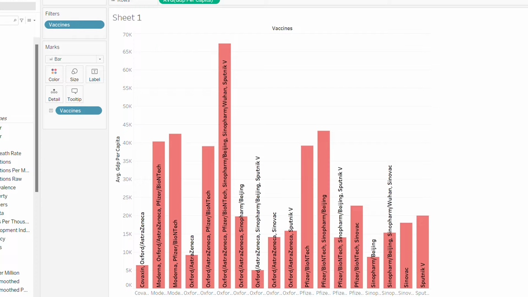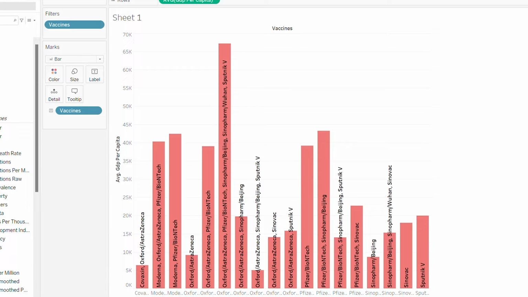The first spreadsheet that I created was one to compare the different vaccines based on the average GDP per capita. I did this to see if maybe one vaccine was favored over another because of the GDP. What I found was there wasn't really one in general or two that were favored for the lower GDP.